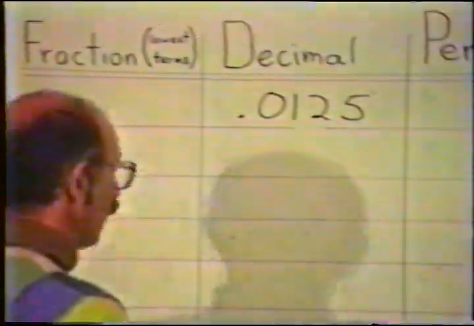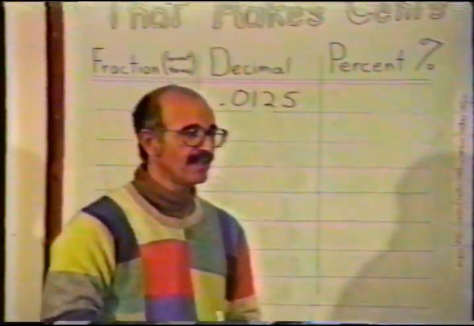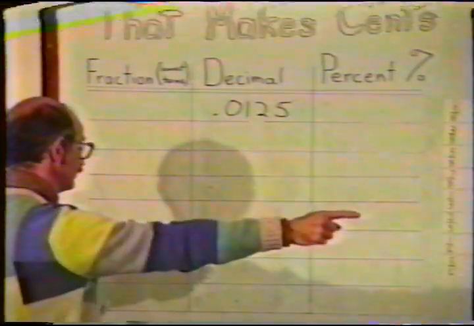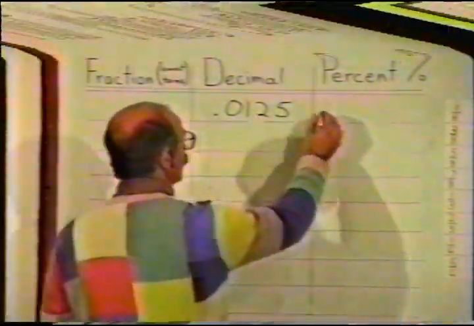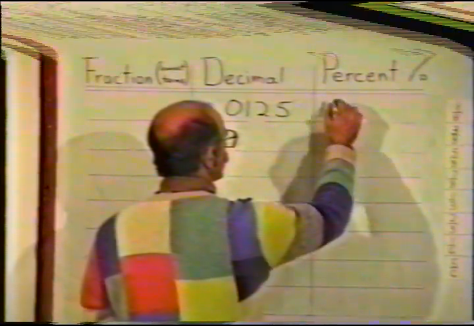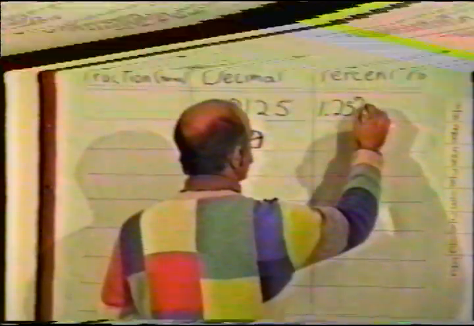0.0125. We're going to change that to a percent by moving the decimal point 2 places to the right, and we put it between the 1 and the 2, and we get 1.25%.